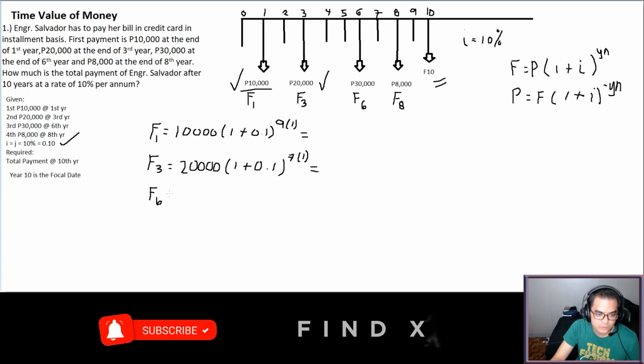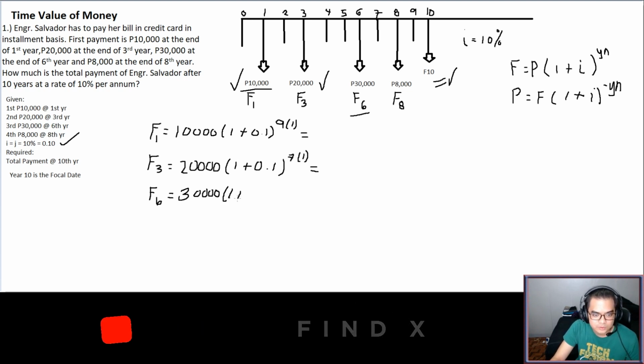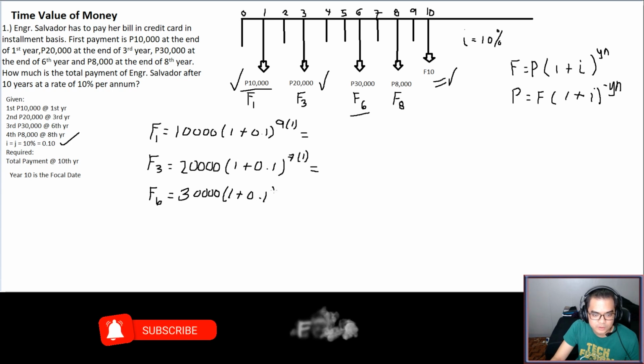So F6 now will be equal to, again, we'll be bringing F6 into year 10. Okay, so this is 30,000 times 1 plus 0.1 raised to, how many years is that? That is 6 to 10, that is 4 years.